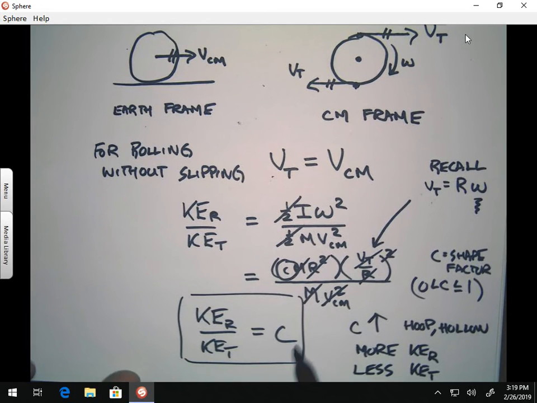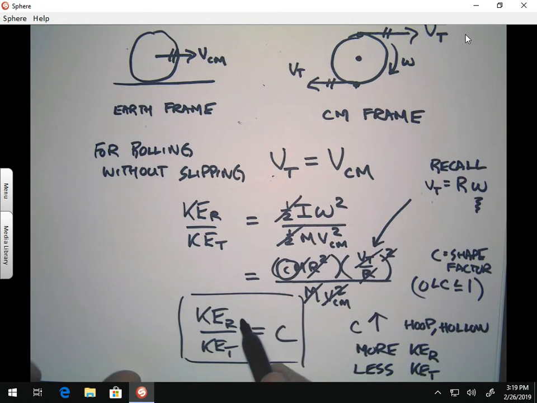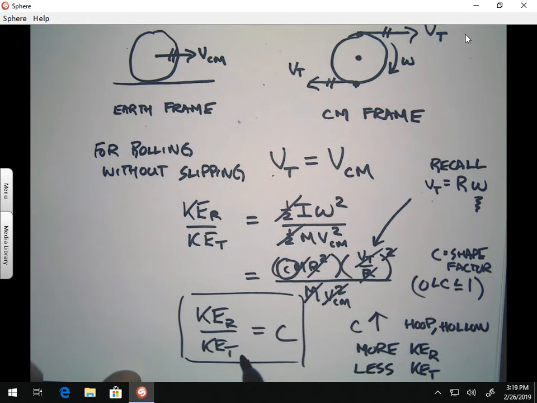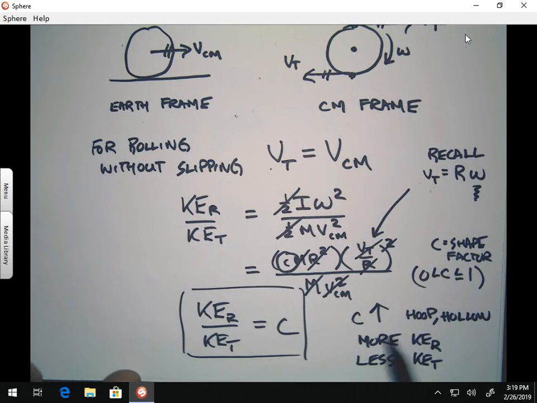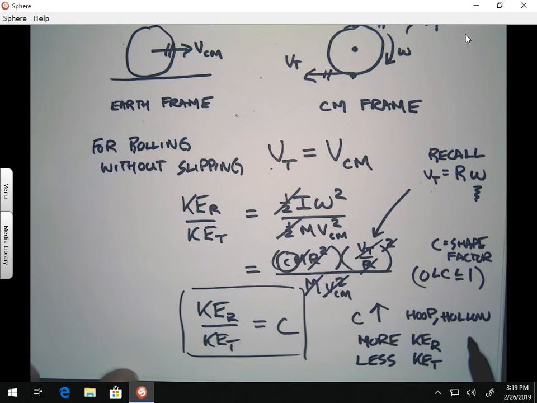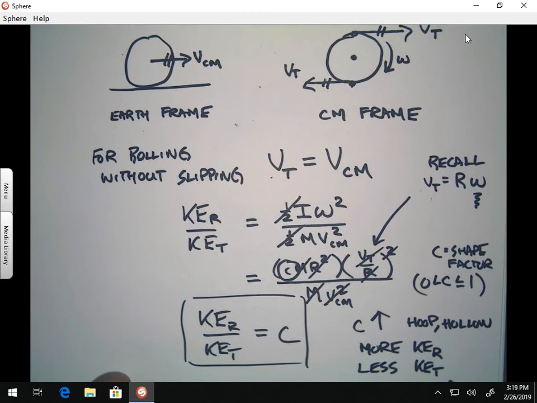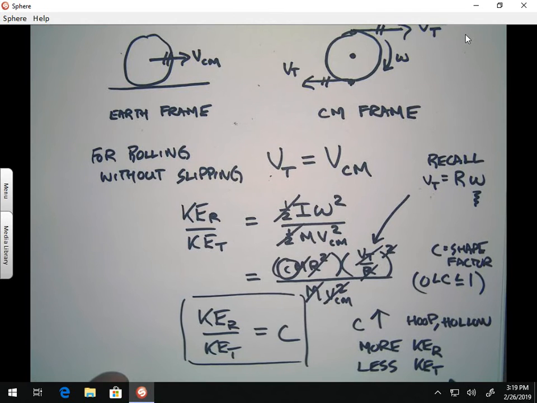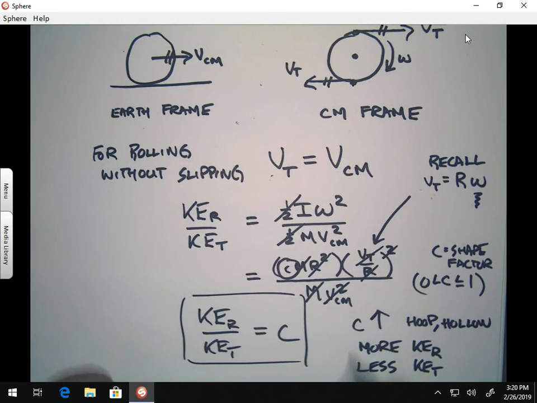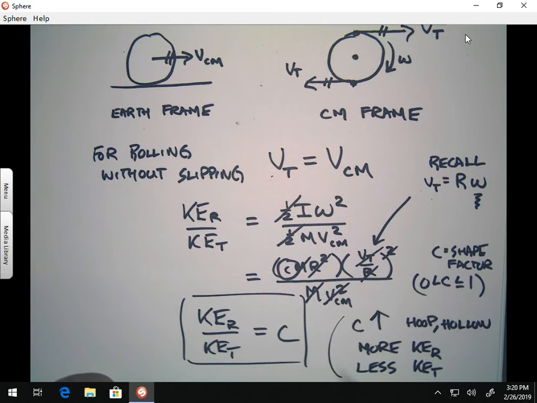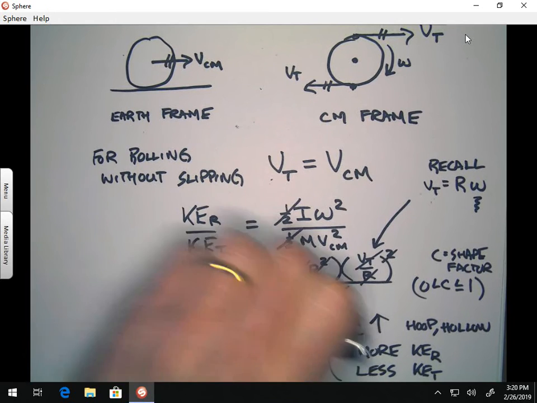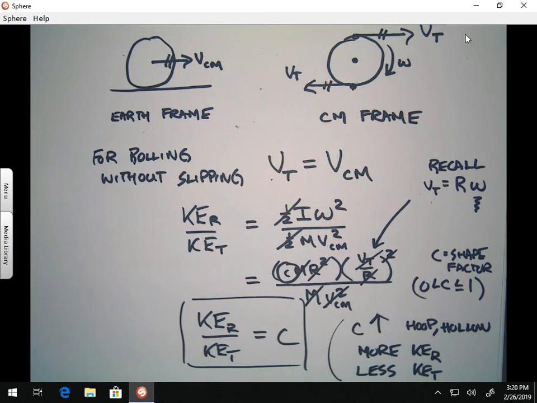Your ratio of rotational to translational joules is going to be bigger when you have shapes which have their mass on the outside edges. That's because more of the energy is going into spinning the object and less is available for making it travel forwards. So that's the conceptual part behind this. Otherwise, that's actually the formula.